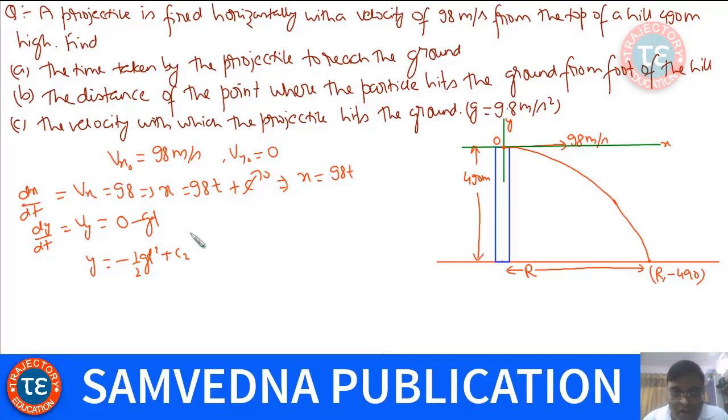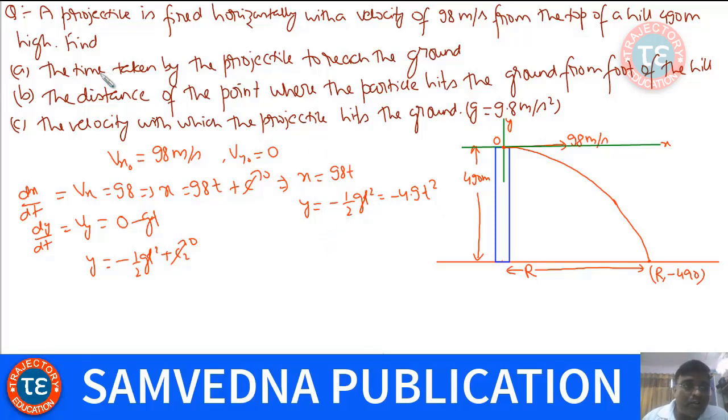Why? Because at t equal to 0, y is 0. So y is going to vary like minus 1 by 2 gt square, and the question says take g as 9.8, so this will be minus 4.9 t square.